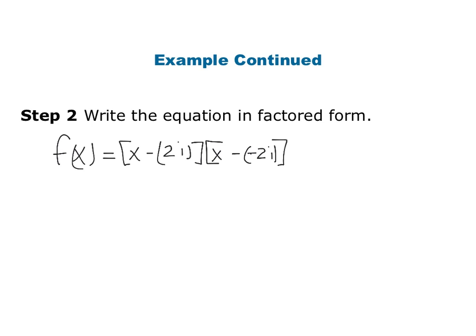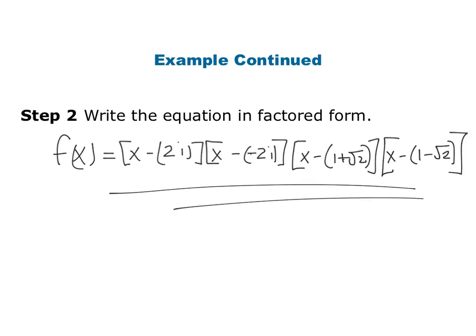And then I'm going to have x minus 1 plus square root of 2. And then I'm going to have x minus 1 minus square root of 2. And this one, we're just supposed to leave it in factored form. And of course, you can see it has so many steps to multiply it out, but that's how we're going to leave it. And let's go to the next one.